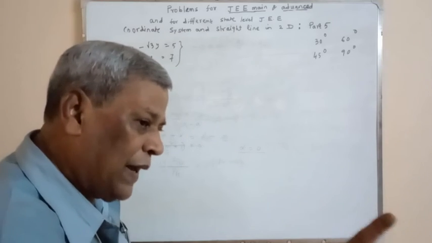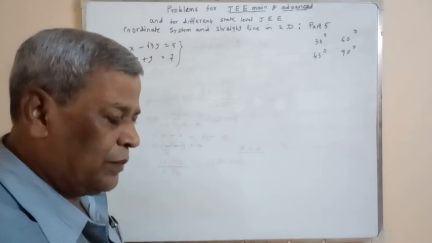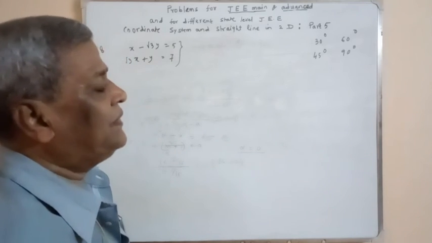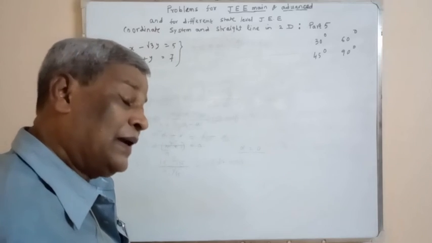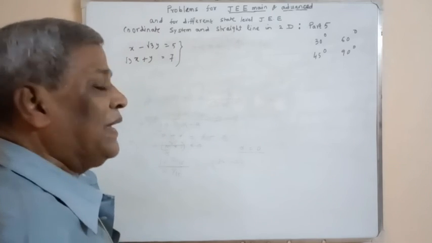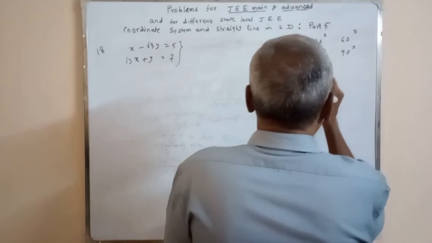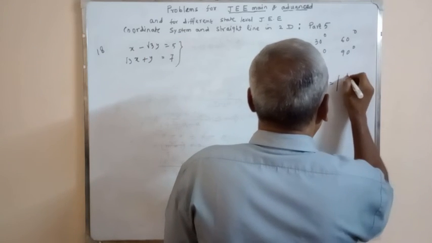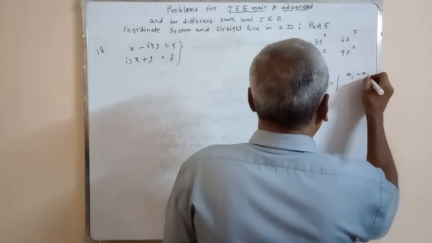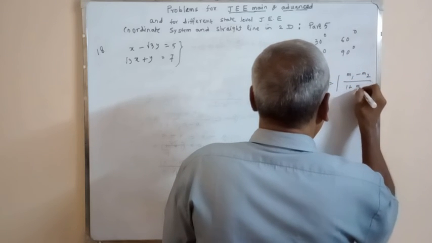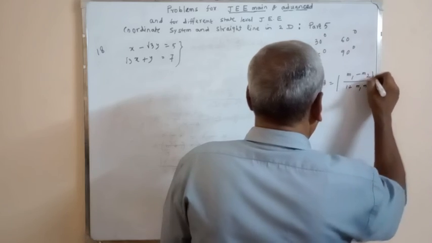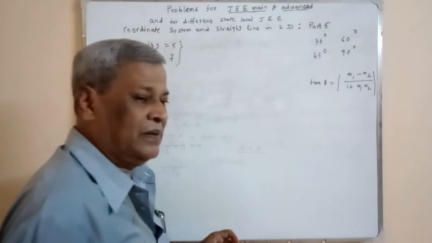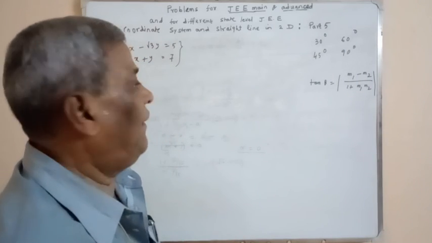Now, if their product m1 into m2 is minus 1, then the angle between them will be 90 degrees. If the product is not minus 1, then by using the formula tan theta is equal to magnitude of (m1 minus m2) by (1 plus m1 m2), with m1 and m2 known from this and that, you can very easily obtain the value of the angle.